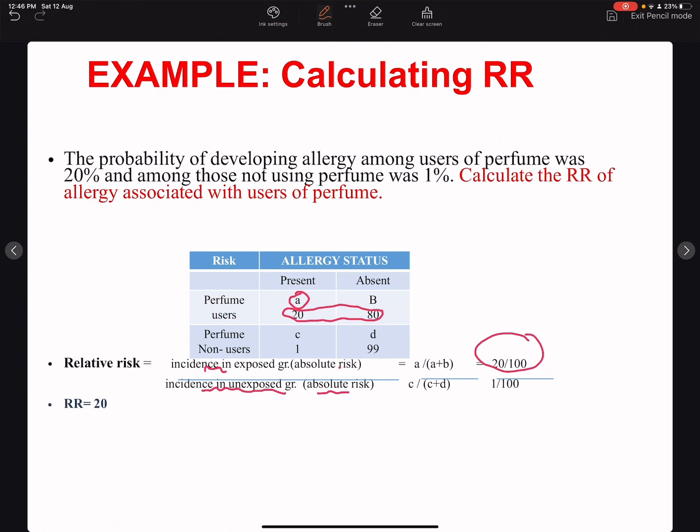In the non-exposed group, the absolute risk is going to be the allergy occurrence in the non-exposed group divided by the total group who are having allergy and who are not having allergy. So it is going to be 1 divided by 100. So the answer is going to be 20 for the relative risk. This is how we calculate the relative risk. We are going to divide the absolute risk in the exposed group by the absolute risk in the non-exposed group.